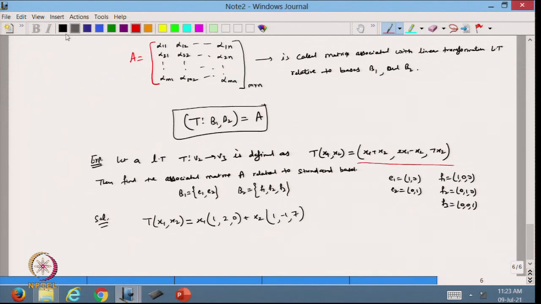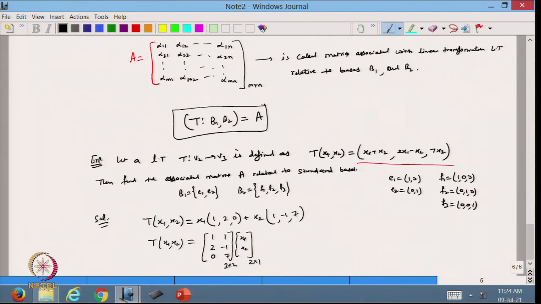I can write this as the matrix with columns 1 2 0 and 1 minus 1 7, multiplied by x1 x2. This is equal to T of x1 x2. Here I am writing x1 x2 as a column vector, because the matrix is 3 cross 2, so the vector is 2 cross 1.